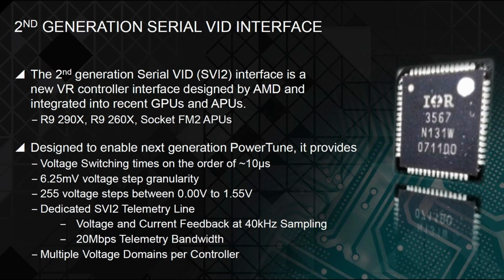The enhanced PowerTune technology relies on the AMD SVI2 interface. SVI stands for Serial VID Interface and is an AMD-designed VR controller interface. The second generation SVI was initially released in early 2010 and provides a range of features including greater granularity in voltage selection, faster data rate, and telemetry functions.